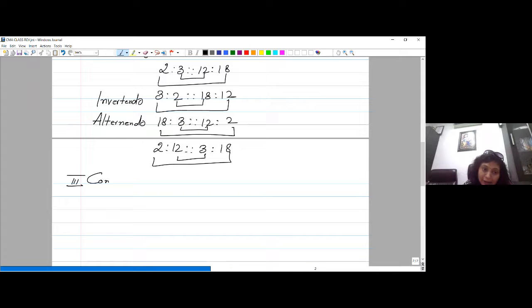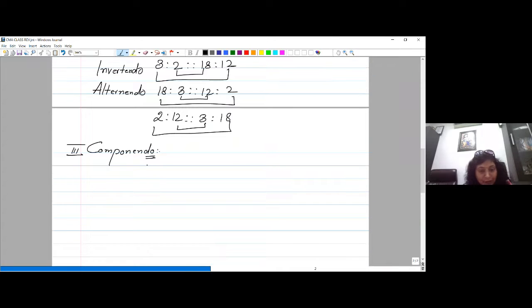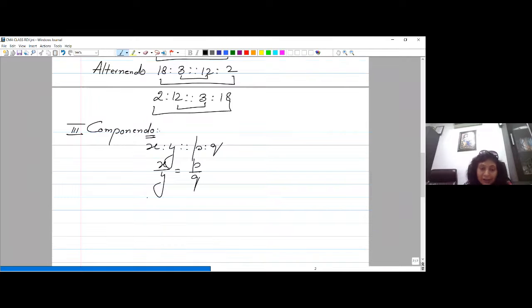Now the third property is componendo. What componendo says: suppose we have been given two ratios, x is to y in proportion to p is to q. So that means x upon y is equal to p upon q. Now the next step we do is adding 1 on both sides.